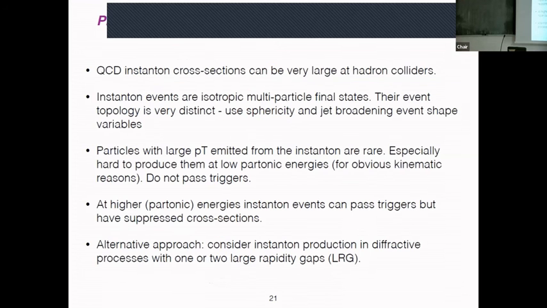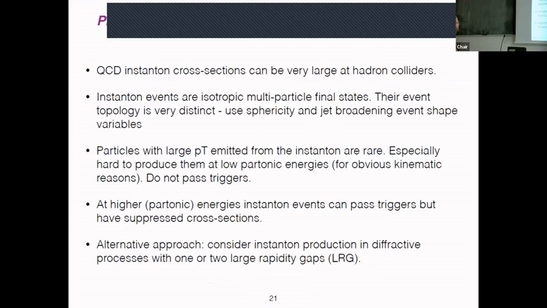So these are the conclusions. QCD instanton cross sections can be very large at hadron colliders, still within a controlled approximation. Instanton effects give an isotropic multiparticle final state, so the event topology is very distinct.